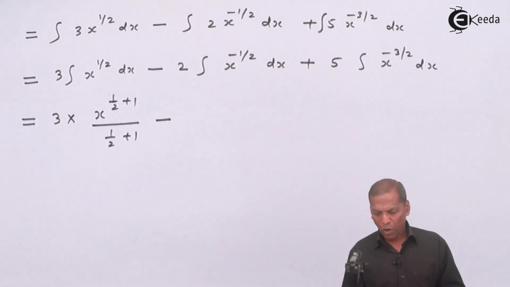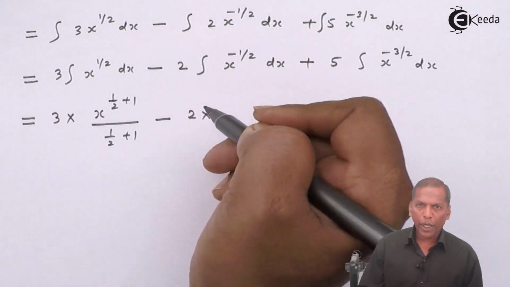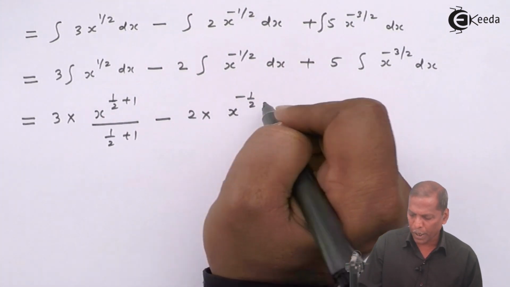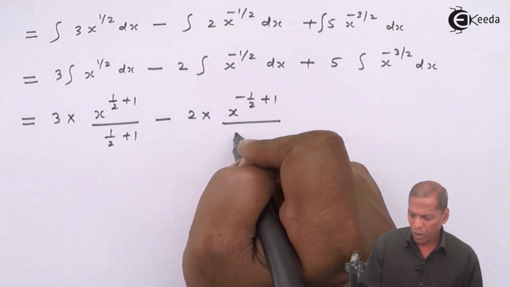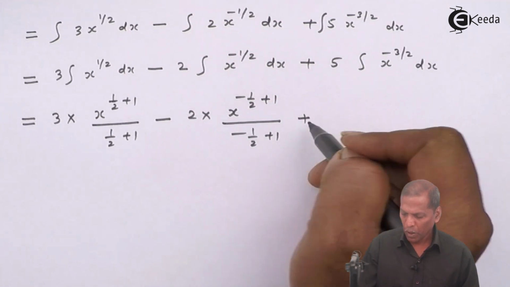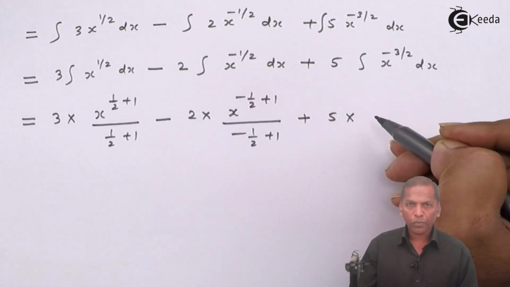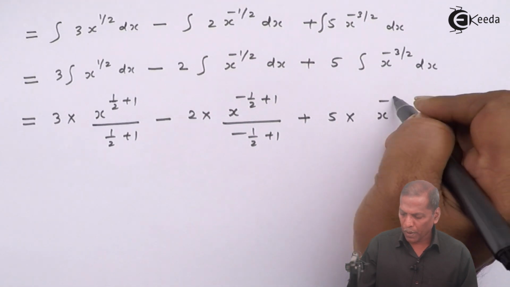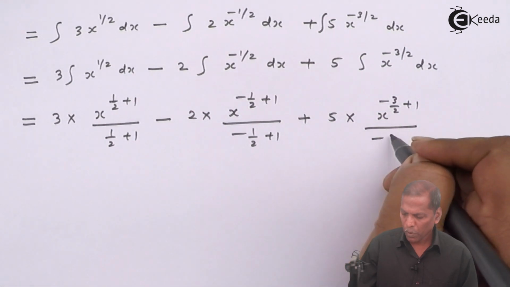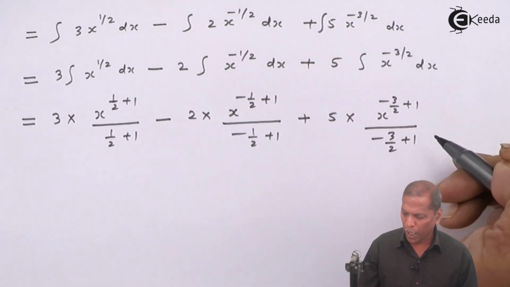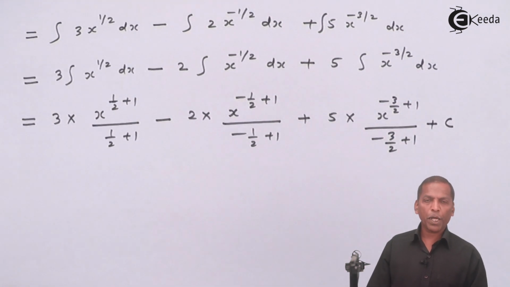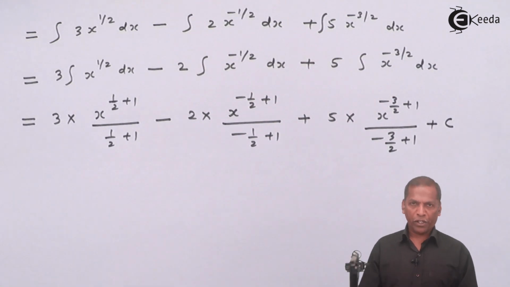Then minus 2 into the integral, by using the same rule, can be written as x raised minus 1 by 2 plus 1 upon minus 1 by 2 plus 1, plus 5 into x raised minus 3 by 2 plus 1 upon minus 3 by 2 plus 1, and finally plus c, where c represents the constant of integration.